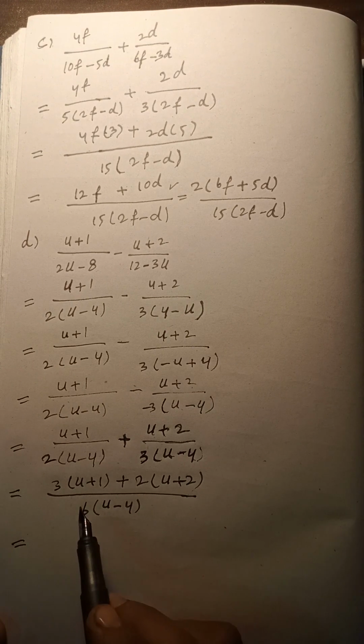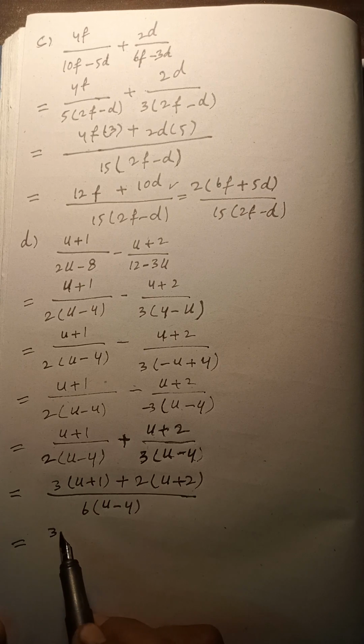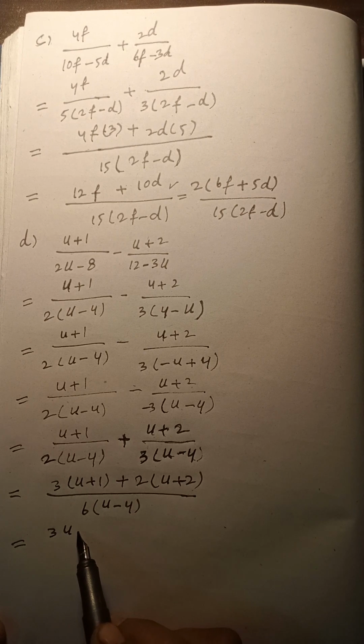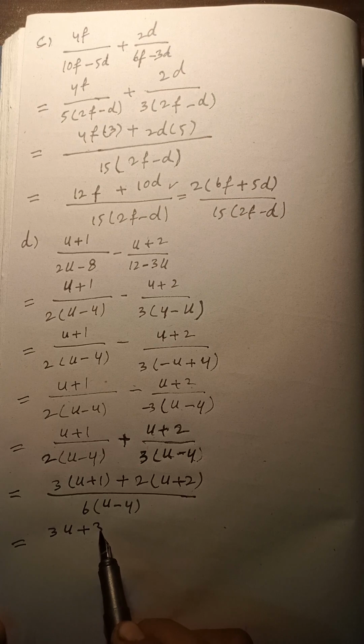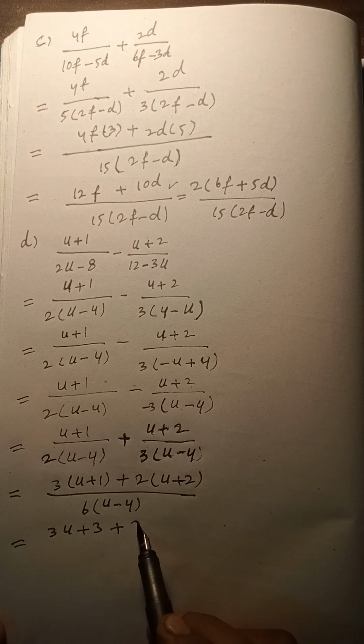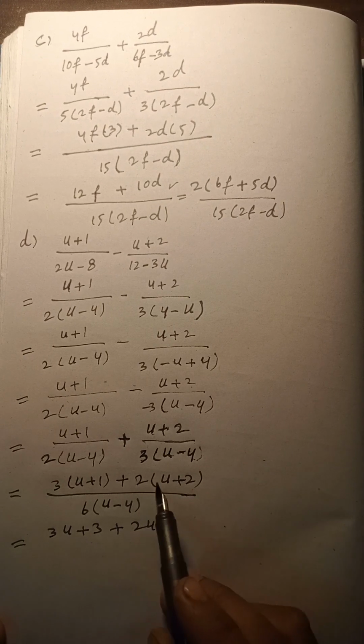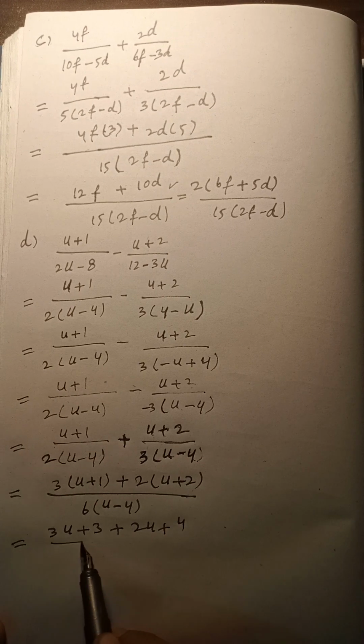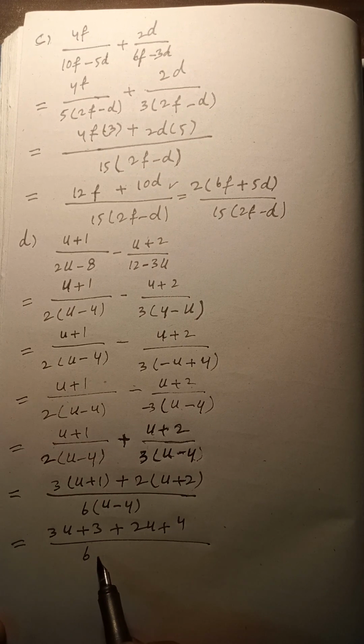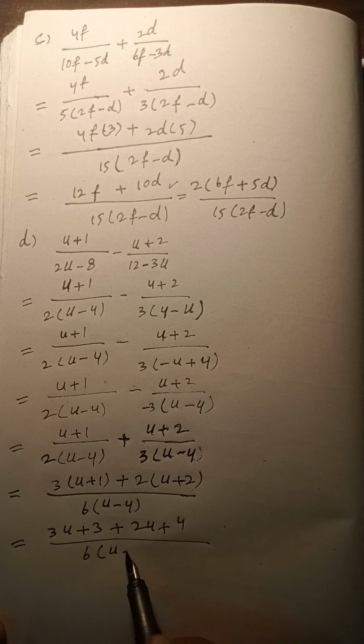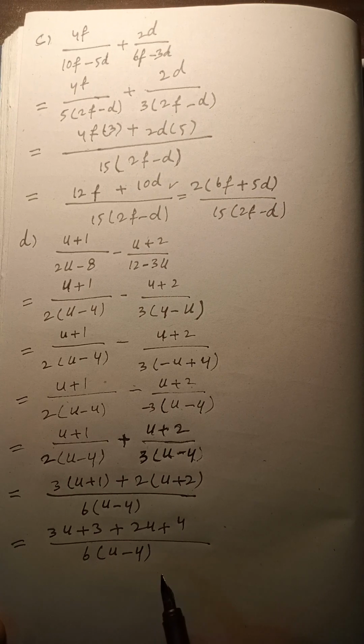Now you can see 3u plus 3 ones are 3 here, and 2u plus 2 twos are 4 here, and in the denominator you will write the same u minus 4.